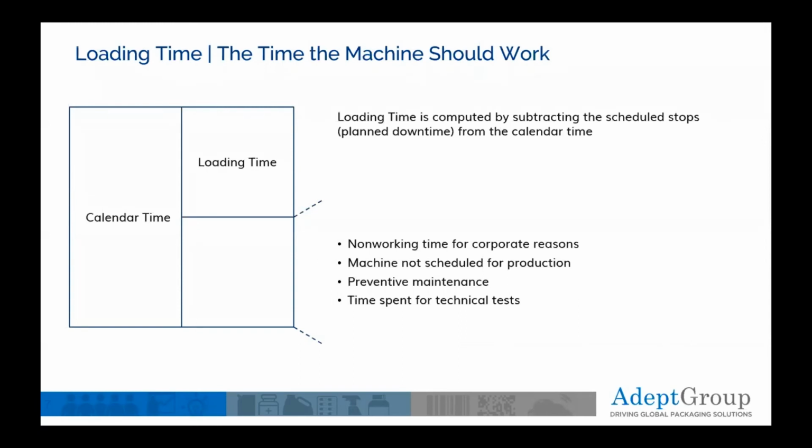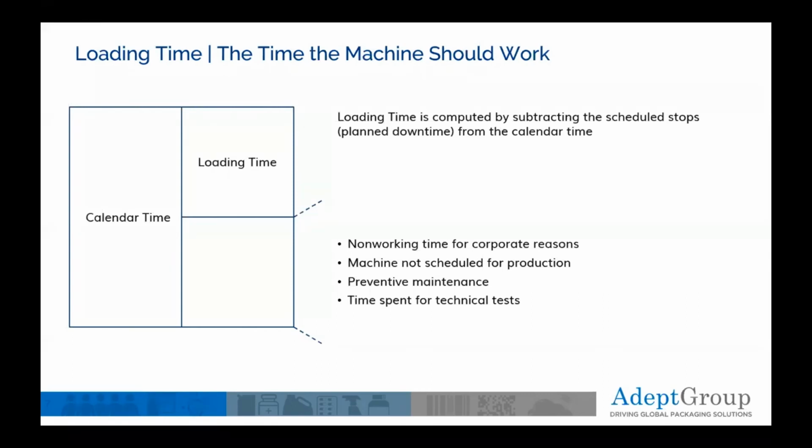You can obtain this time considering the calendar time minus the time that you are planning to have a downtime. So the time you are not working for any reason because you decided it to, for example, to work for 2 shifts a day. So the 3rd shift is a non-working shift, or the machine is simply not scheduled for production.